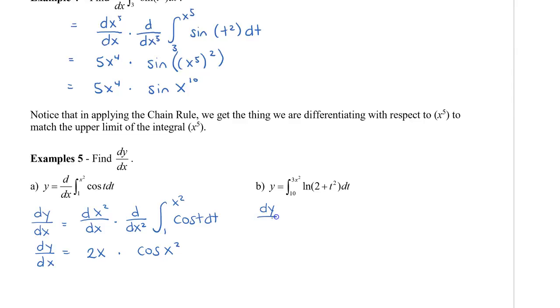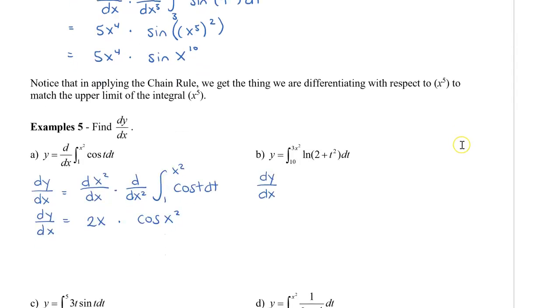So here again, let me go dy dx, and that is equal to d 3x squared over dx times d 3x squared, so that it matches the upper limit, of the integral from 3x squared to 10 of the natural log of 2 plus t squared dt.